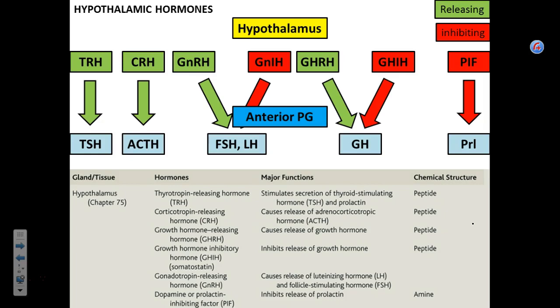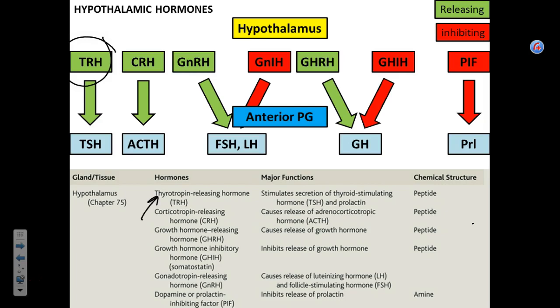Okay? The table is incomplete. I will tell you why. There is a hormone that was discovered just a few years ago. TRH stands for thyrotropin releasing hormone. Well, guess what?